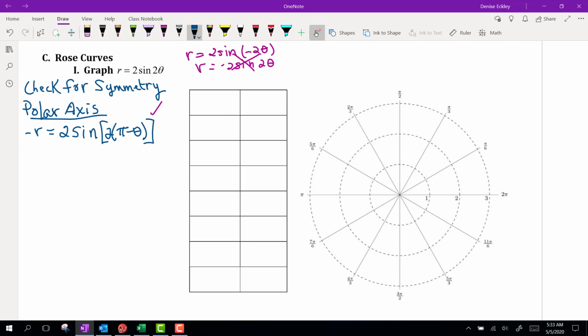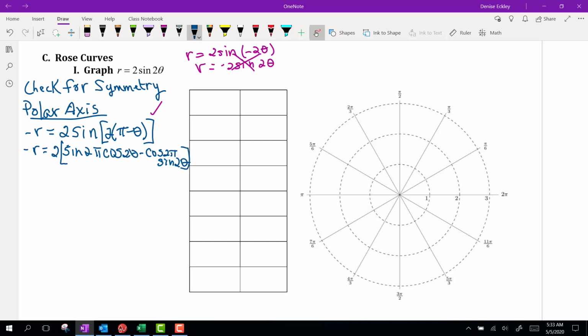Okay, so if I expand this using my subtraction identity, this is going to be 2 times sine 2 pi, I'm distributing that 2 inside, and then cosine 2 theta minus cosine 2 pi sine 2 theta.